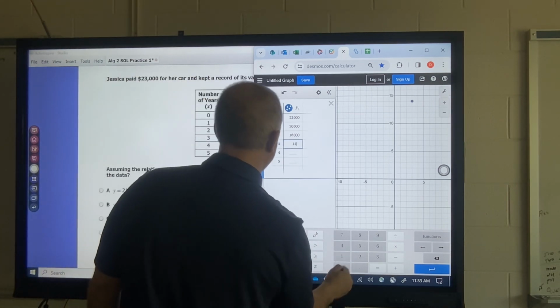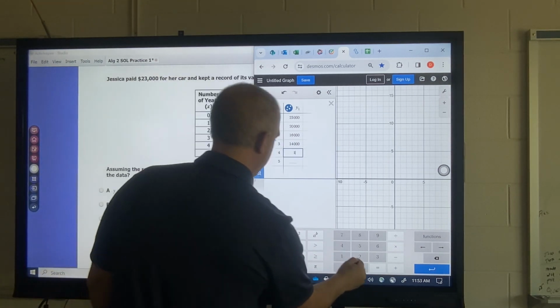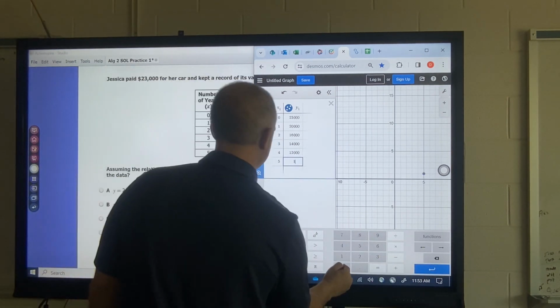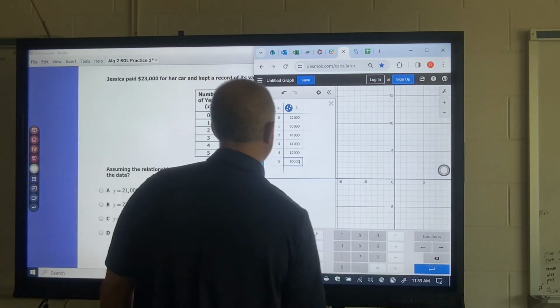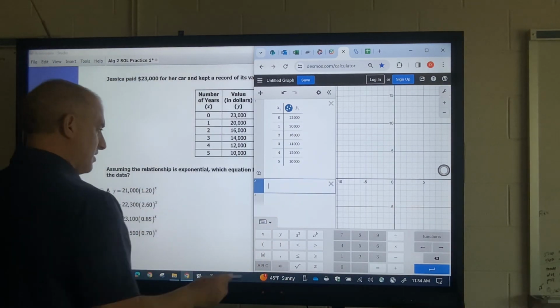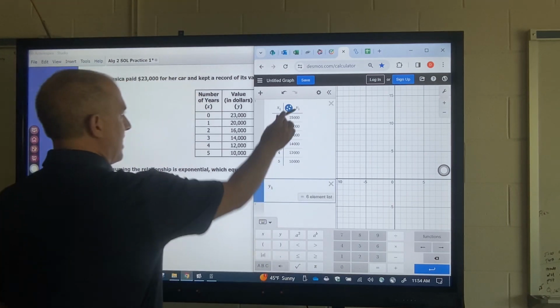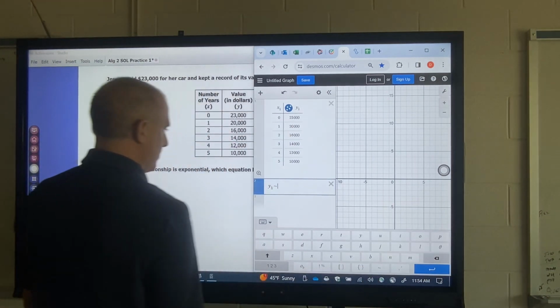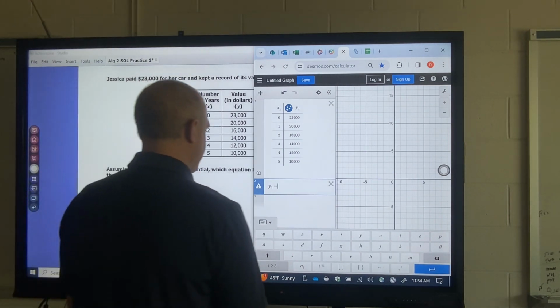This is 14,000. This is 12,000. And this is 10,000. And so in the second line, I have to give the approximation. Since these all, I do y1, that accounts for that. I hit ABC, I select this little squiggly thing.